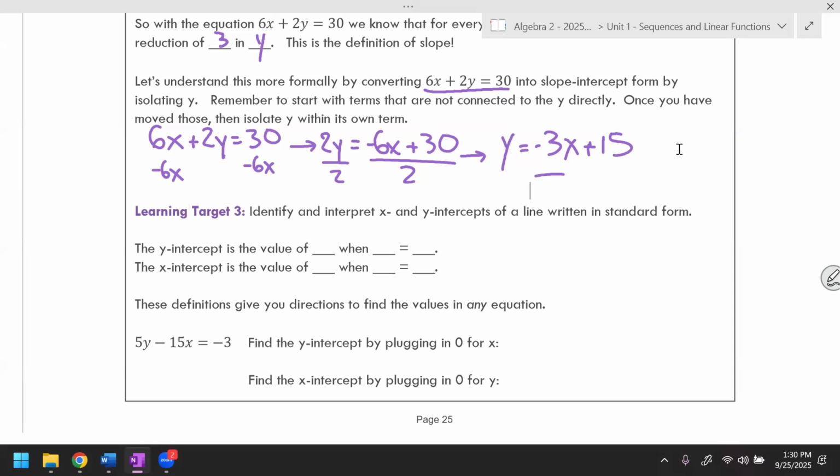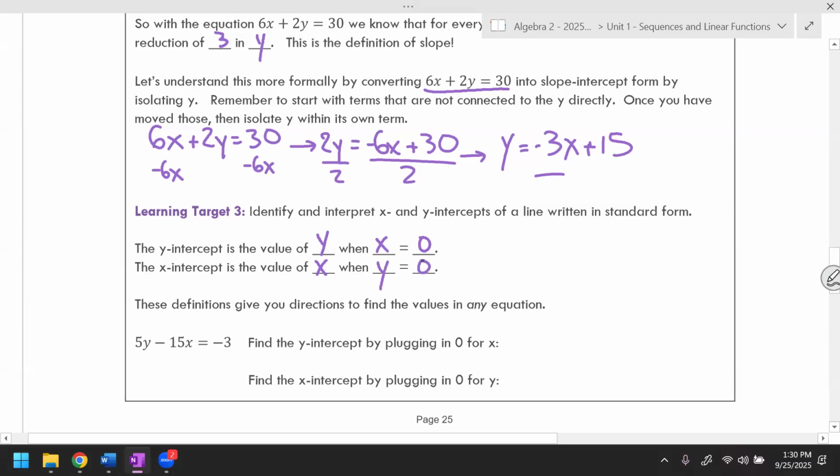At the y-axis, what is x equal to? 0 it is, right? X equals 0 at the y-axis. And so the y-intercept is just the value of y when that happens. Okay? Similarly, what's the x-intercept? It's the x when y equals 0.